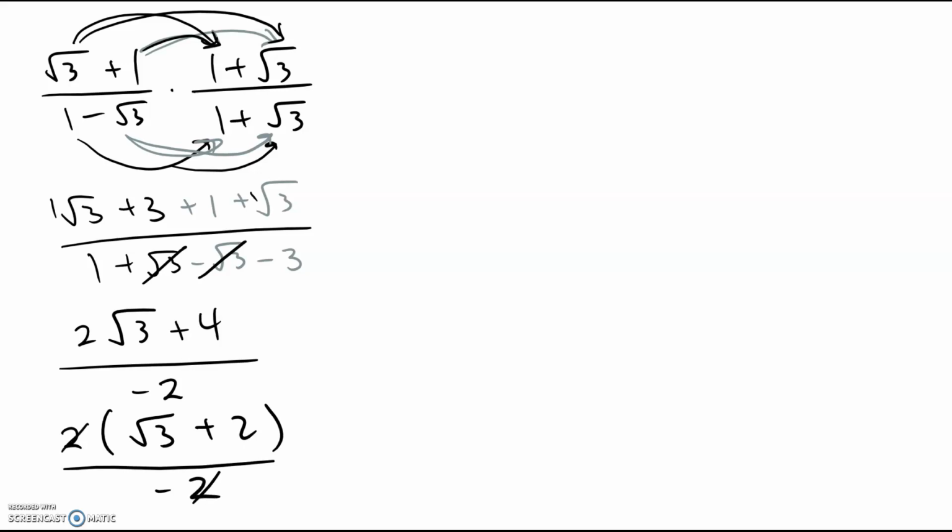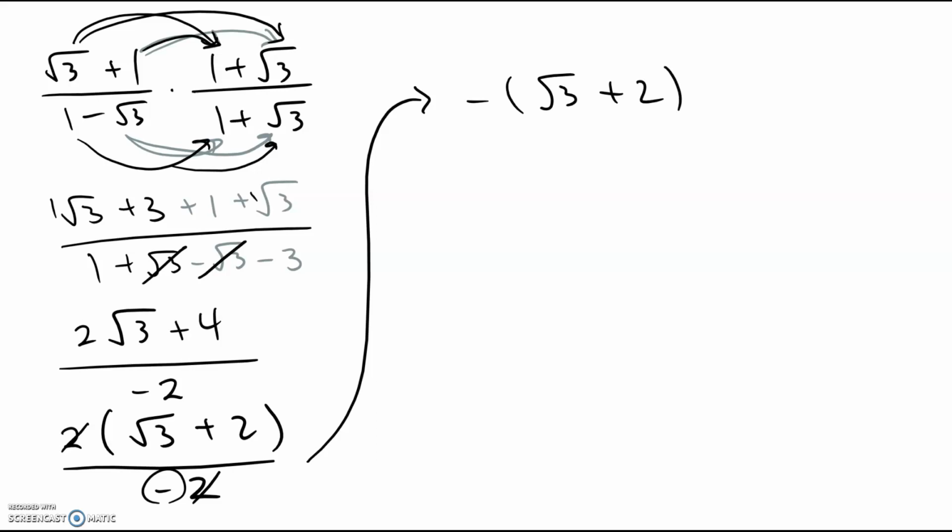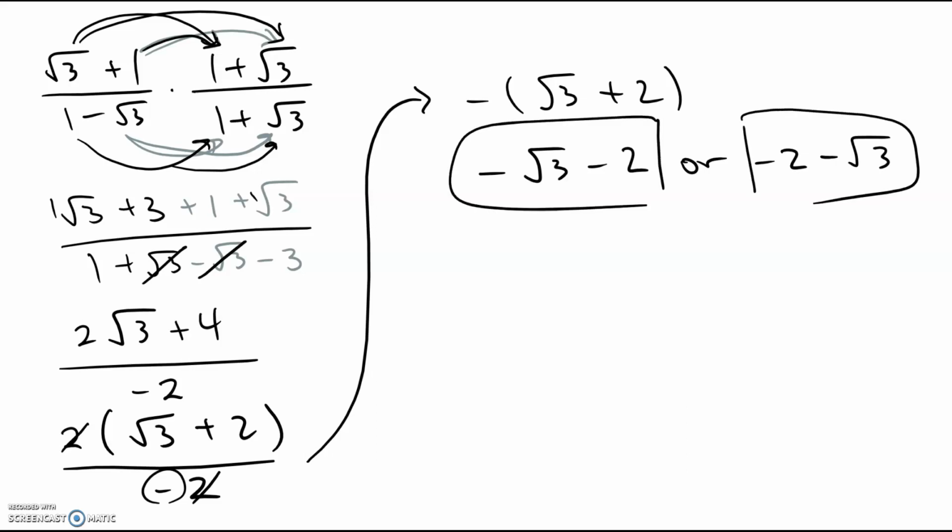Now my 2's will cancel out, but don't get rid of that negative. So I'll have a negative square root of 3 plus 2, which is the same thing as negative square root of 3 minus 2, or you could write negative 2 minus the square root of 3. And these would be your final answers.